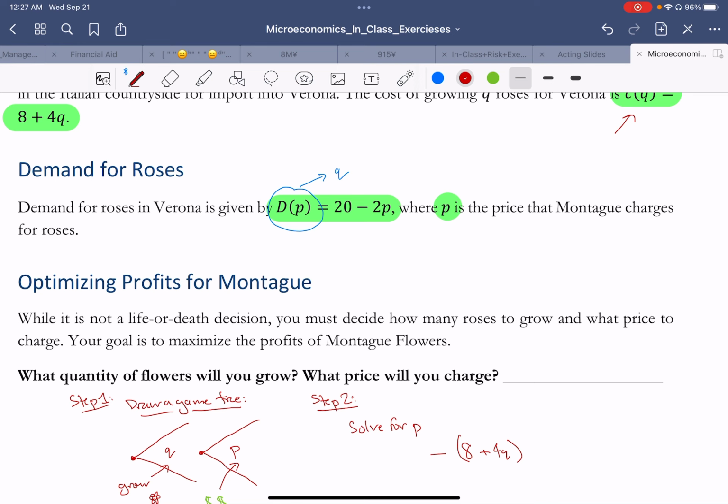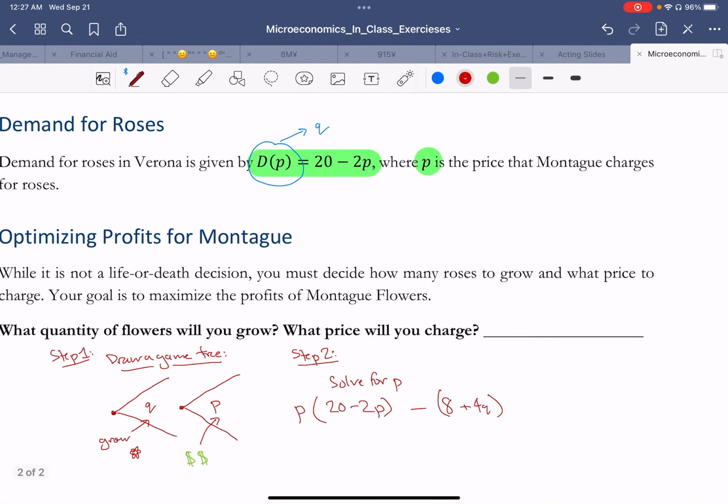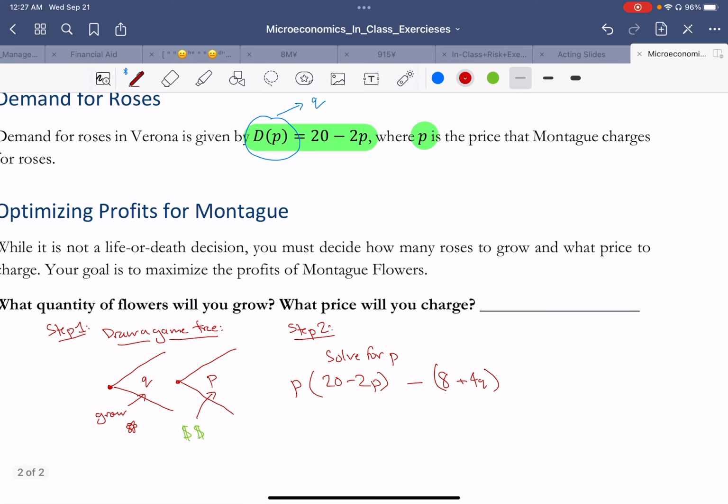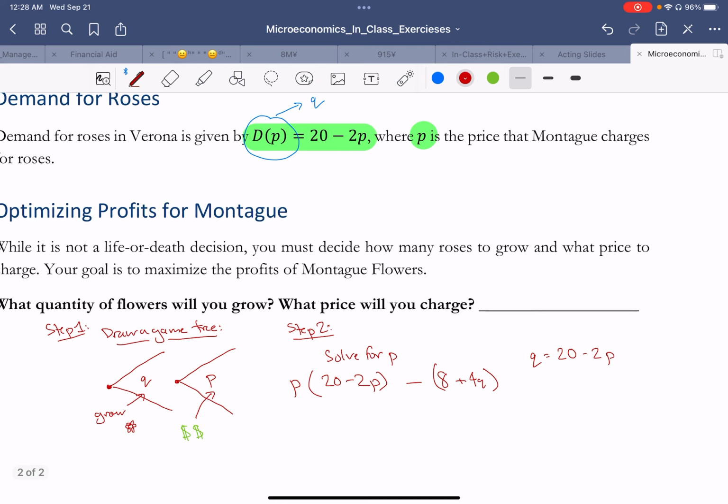Because in this case, cost is already equated into one equation, so we don't have to worry about that. But we do have price times, in this case, 20 minus 2P. So now you may be wondering, oh no, we have two variables. Well, don't worry, because remember this equation right here that we have in the beginning? We're going to be converting that. So Q is equal to 20 minus 2P, and well, there you go. That's it. We've basically converted it.